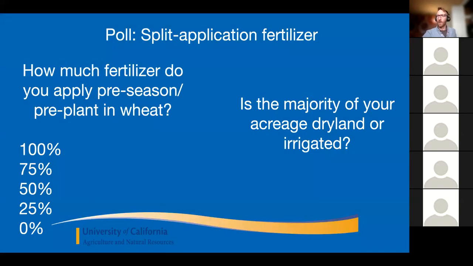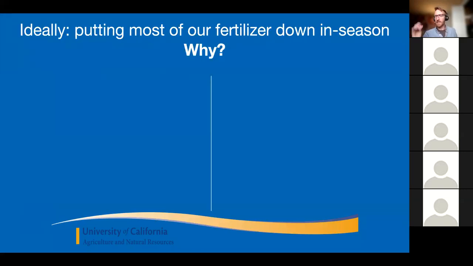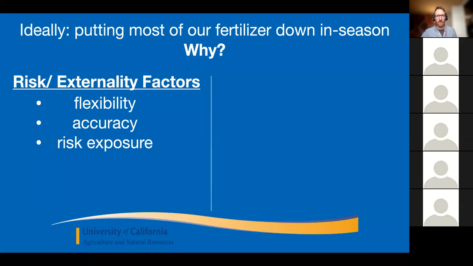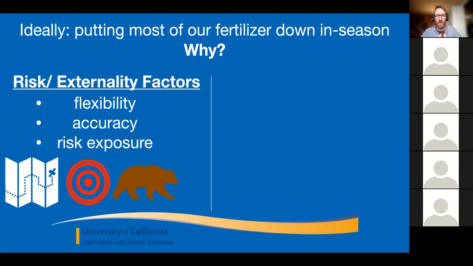All right. So ideally we're putting most of our fertilizer down in season, and there are several reasons for this. One is controlling for risk and externality, weather, drought. This gives us flexibility, accuracy, and reduces our risk exposure, right? So we have an idea of where we are in season.